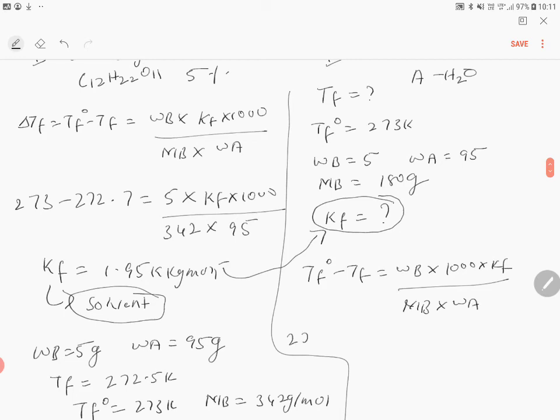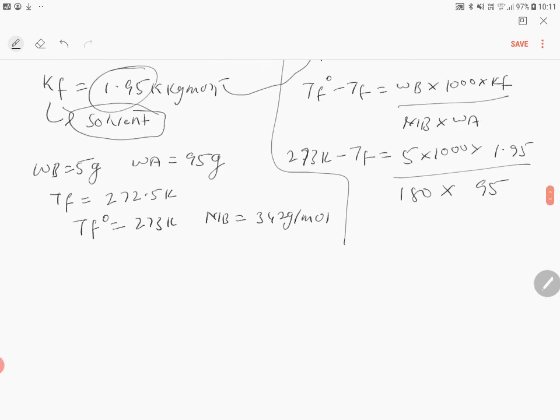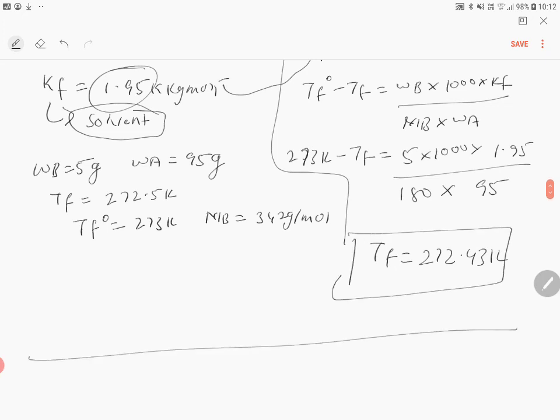Once again, 273 Kelvin minus Tf is equal to weight of solute, 5 grams, into 1000 into Kf, which we found out in part 1, 1.95, divided by molar mass of glucose, 180, and weight of solvent, 95 grams. If you calculate the Tf for this, you will get 272.43 Kelvin. So therefore this is a tricky level of question which we have to understand.